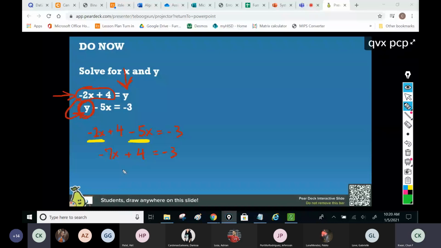And then to solve for x, I need to do a minus 4 on the left, minus 4 on the right. So negative 7x equals negative 7. And then divide by negative 7 on both sides. So x equals 1.